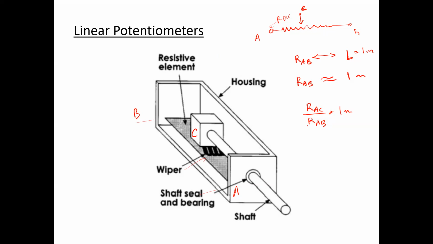So depending on the limit of the length that you want to correspond with the total resistance, the change in displacement can be used to determine the change in resistance and predict the linear displacement.